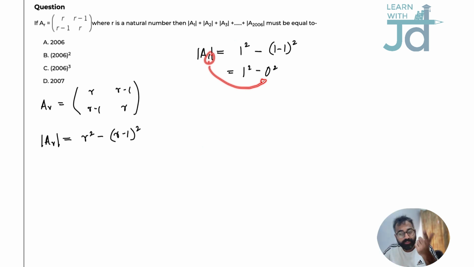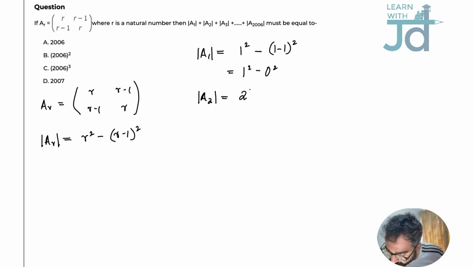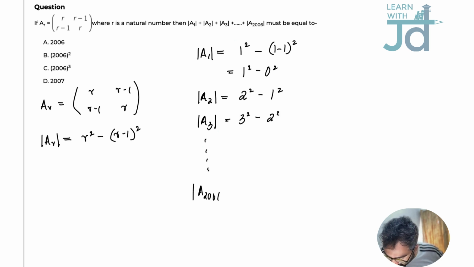So 1 minus 0. Like that. Determinant of A2 will be 2 square minus 1 square. And determinant of A3 will be 3 square minus 2 square. Like this, finally determinant of A2006 will be 2006 square minus 2005 square.